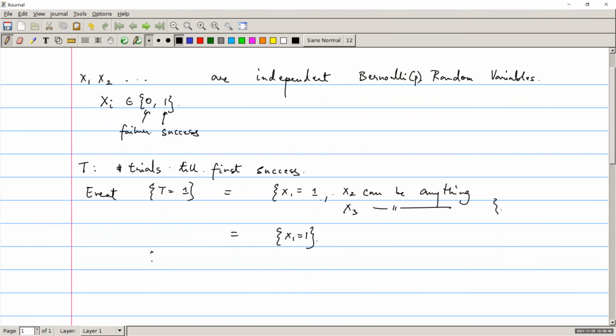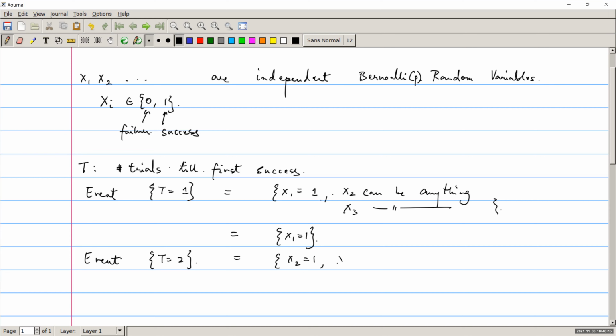It's a very helpful nuance to think about what happens in other cases. For example, when you want the event T equals 2, we do know X2 has to be equal to 1, but that is not enough, because we cannot ignore the value of X1.